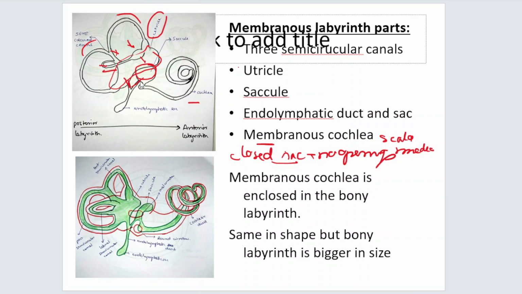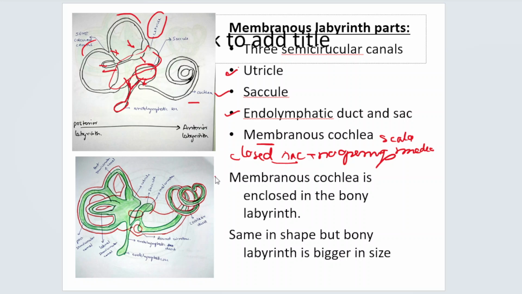The utricular duct and the saccular duct join to form the endolymphatic duct, which continues to form the endolymphatic sac. The saccule is connected to the membranous cochlea by the ductus reuniens. So this is the basic anatomy of the membranous labyrinth.